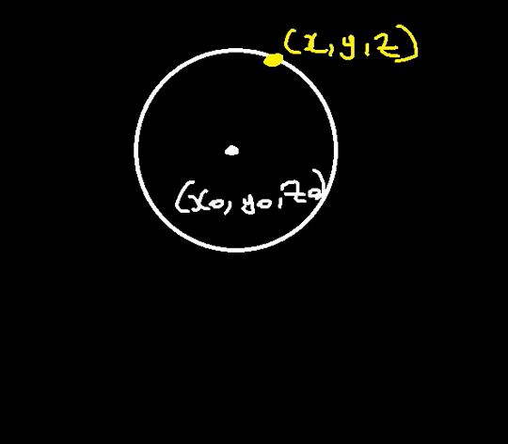So now let's think of connecting a line from the center to the point on the circumference of the sphere, giving us that. So now the distance from the center to the circumference of the sphere is said to be the radius. So that is the radius. Now using the distance formula, what is the length of that radius?